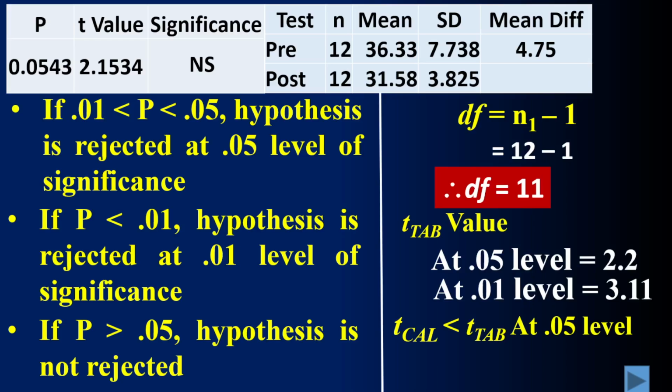All these values are calculated with the help of Excel. How it is calculated, we have seen in the previous video, so it is not discussed here. And as these are correlated means, we have to find r also, the correlation coefficient, by Karl Pearson's method, and it is also calculated by using Excel, and the value of r is 0.273.